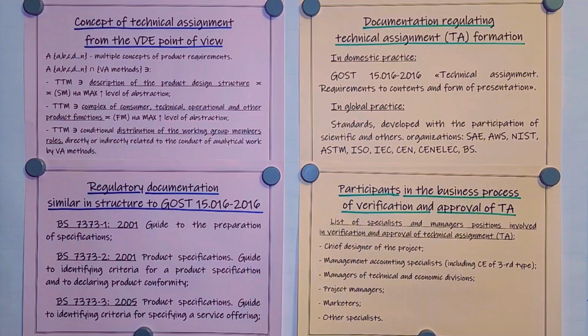Examples of such a description, i.e. in fact an example of technical assignment for a product and technical assignment for a component, will be considered by us below as part of an example of the formation of conventional and alternative forms of technical assignments.